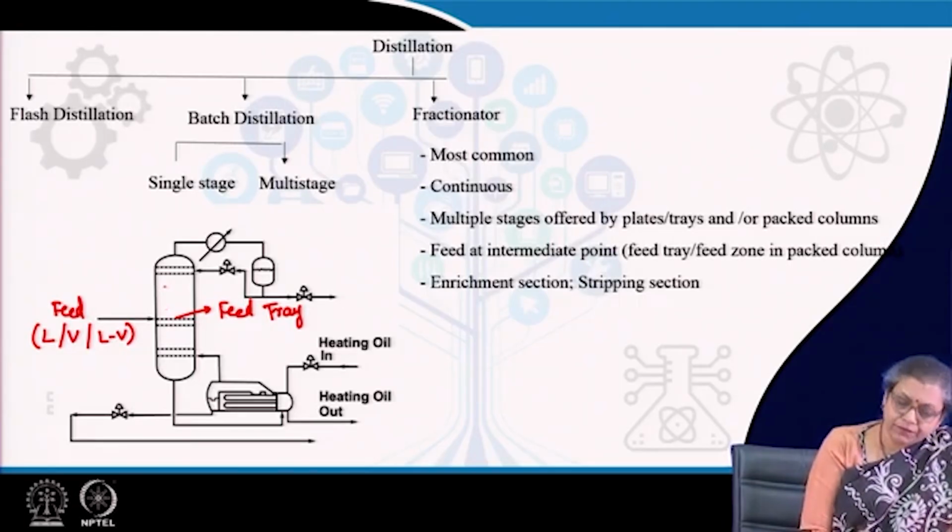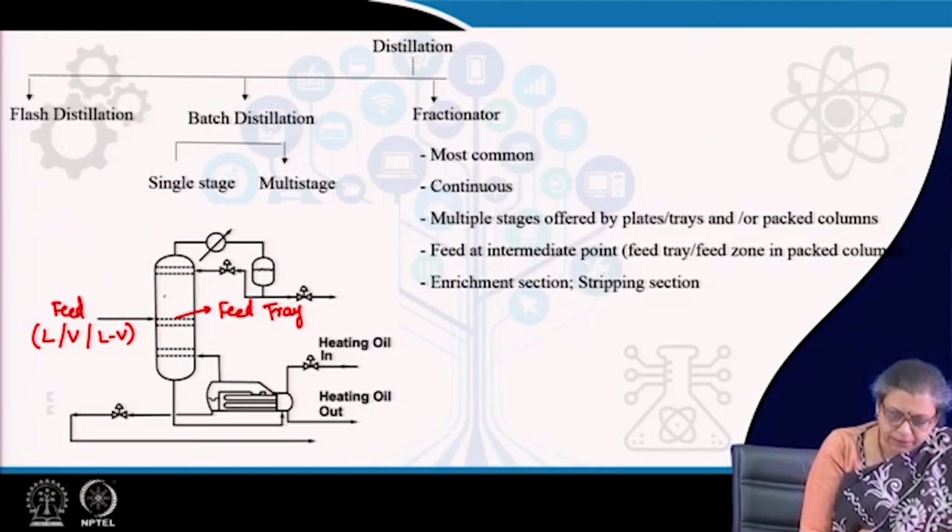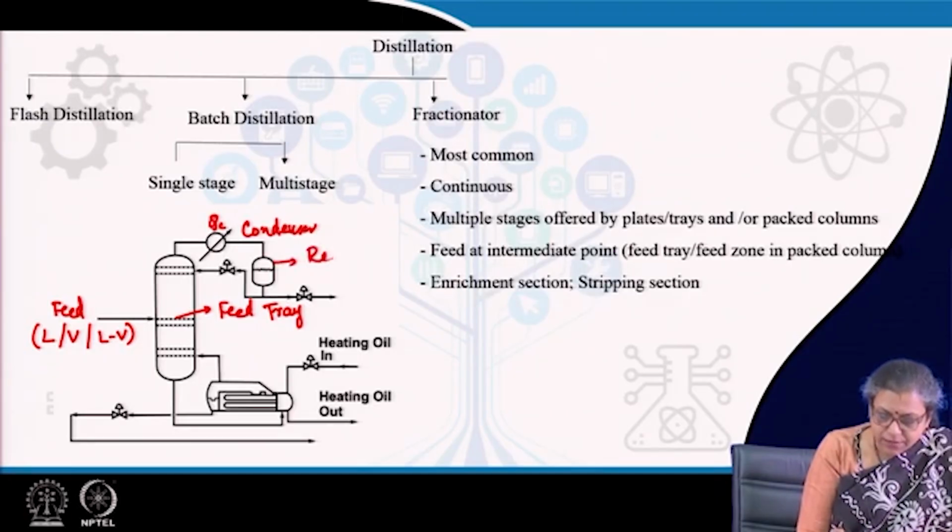Just like I have discussed in the multi-stage batch distillation, vapor rises through the overhead vapor line and reaches the condenser. In the condenser, cooling occurs, the vapor gets condensed and then it collects in the reflux drum, also known as the accumulator.